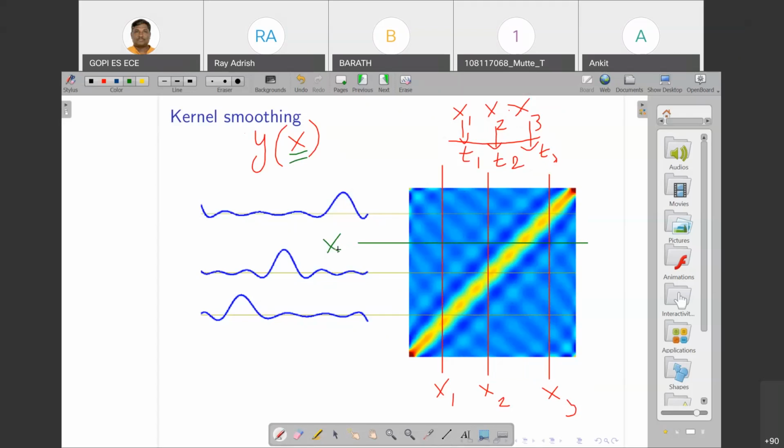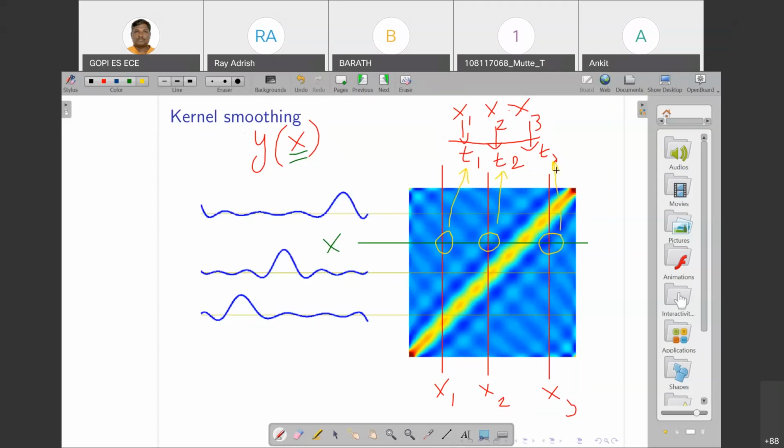What you have to do is identify the kernel function values at these three points, and take the corresponding target values t1, t2, and t3.